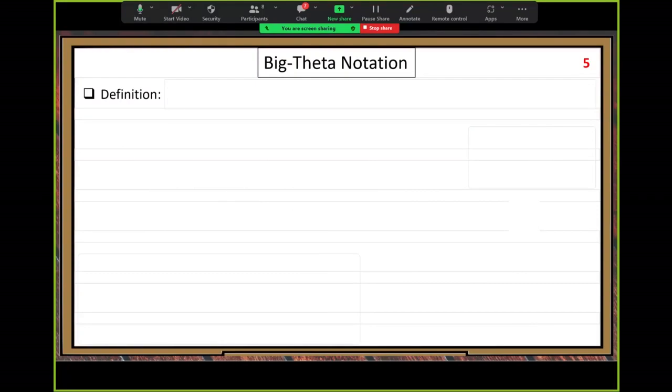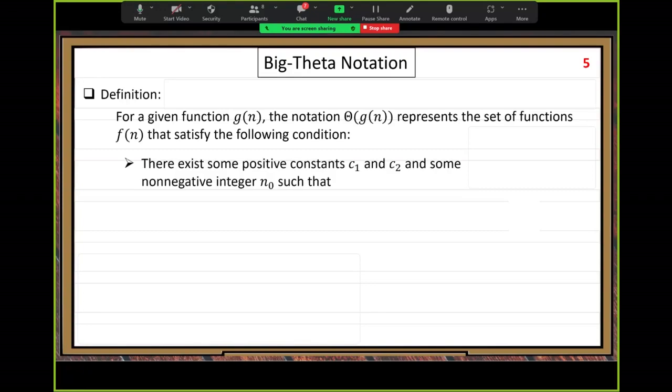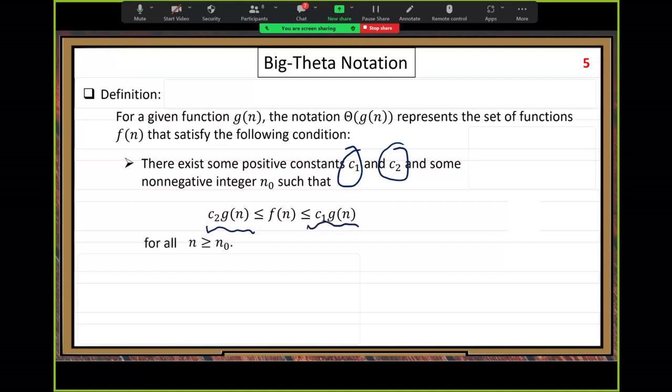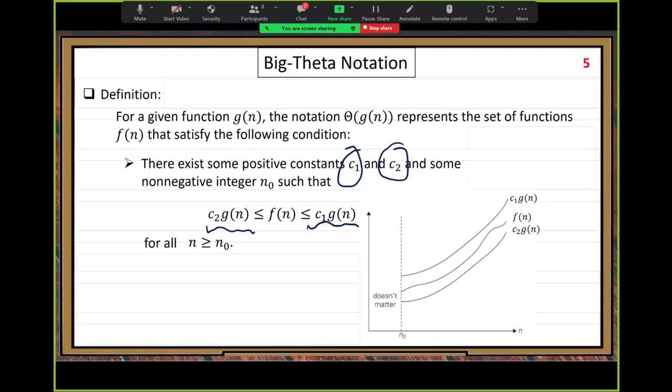We combine the previous two definitions, but this time we need to choose C1 and C2, for both lower bound and upper bound. Sufficiently large, the same as before. Sometimes we want to use this one, both lower bound and upper bound.